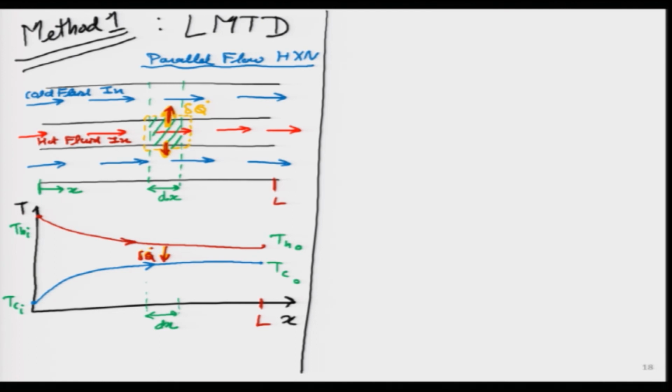Now, what I want to do is write the expression for this delta Q dot. So, let me try to write it in these terms, m dot Cp C, and it will be equal to the change of the cold fluid temperature. Is that correct? And is it also equal to the heat lost by the hot fluid temperature?